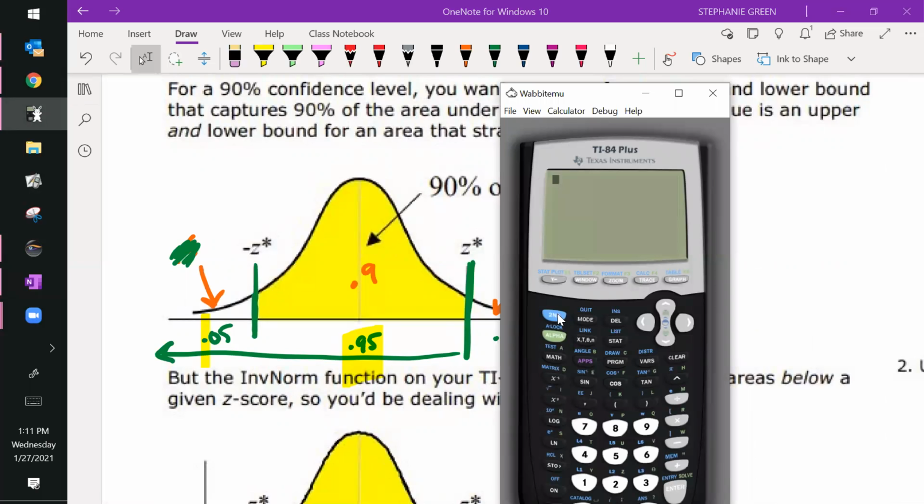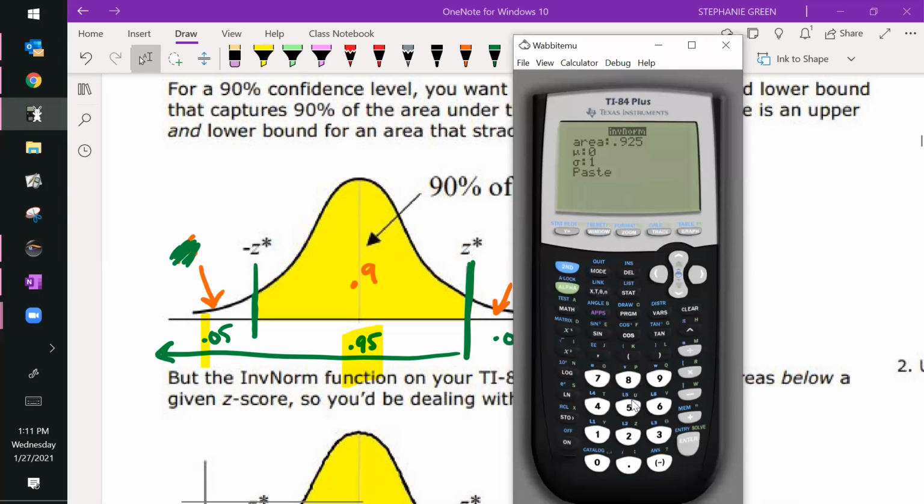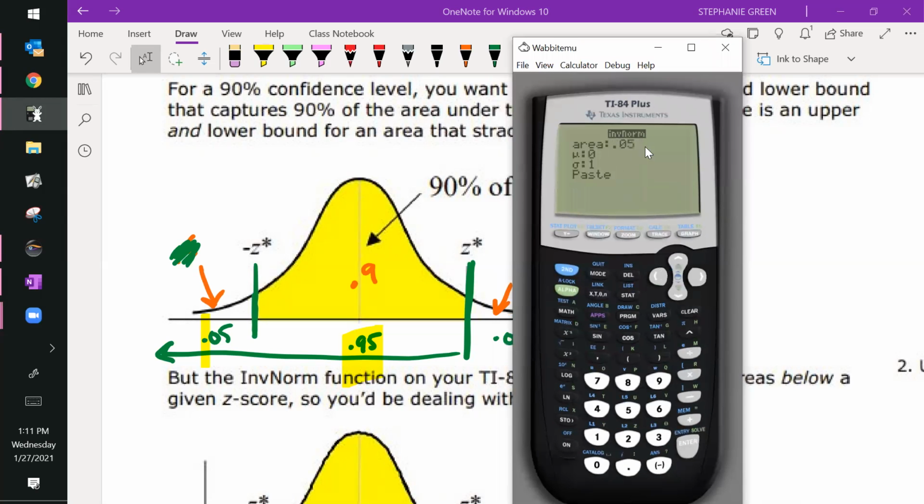Remember, if you go second vars to the distributions menu, this third option, inverse norm, allows you to input the area below a value that you want to find the value of. So I want to find this negative Z star. Below negative Z star, we're expecting 0.05, 5%.